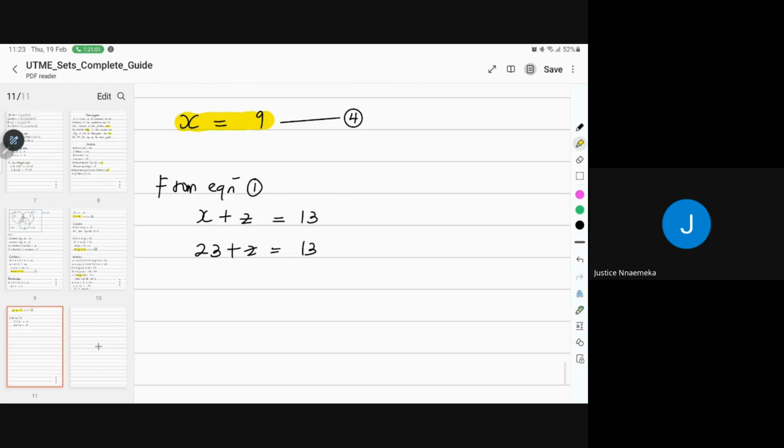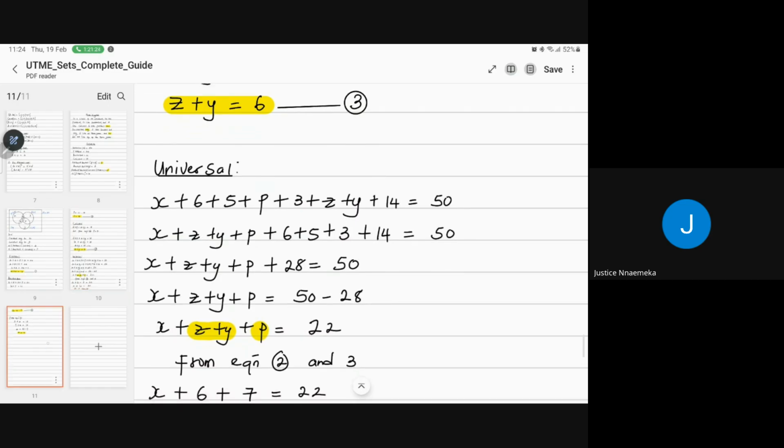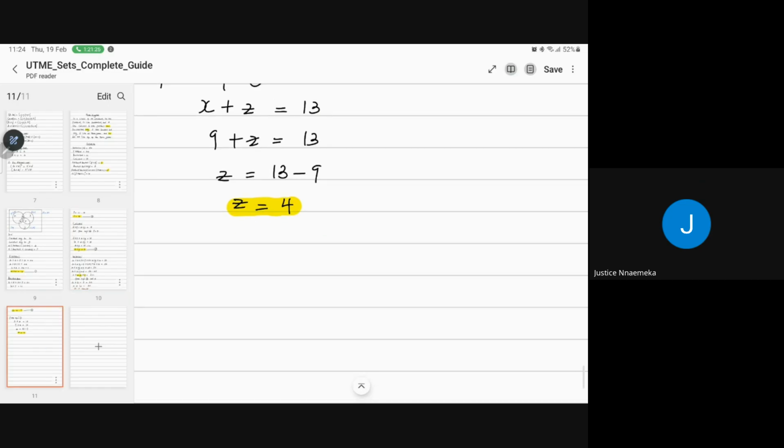Good, and then this will now make sense that x plus z is equal to 13. Then x is 9, right? So that z will now be equal to 13 minus 9. This should give us 4. Then remember there's something else we left out: z plus y, which is equation 3.